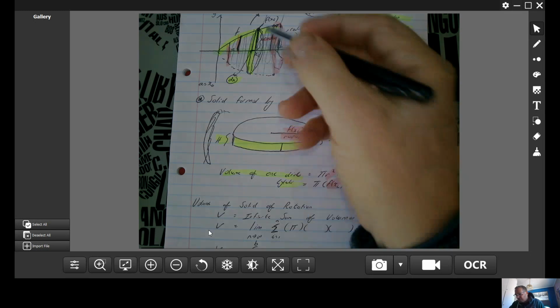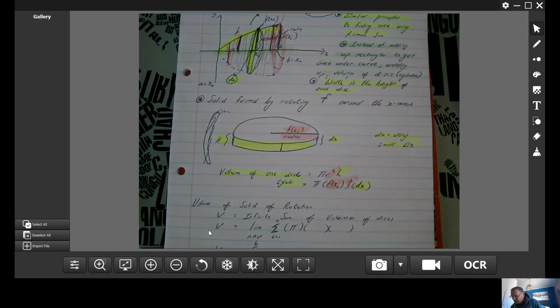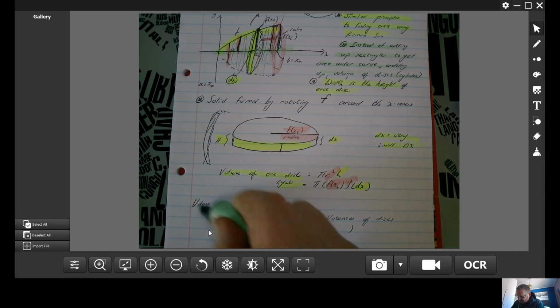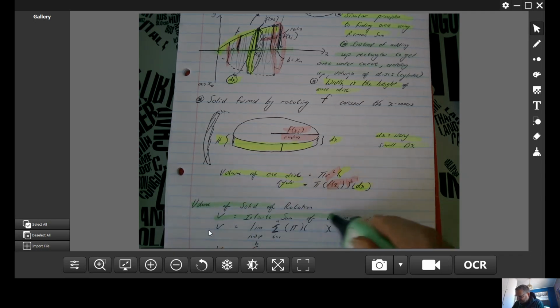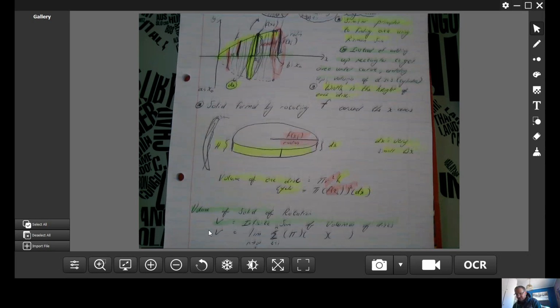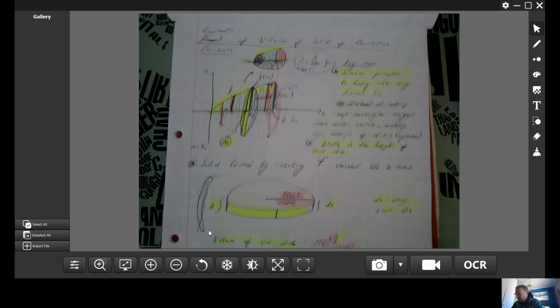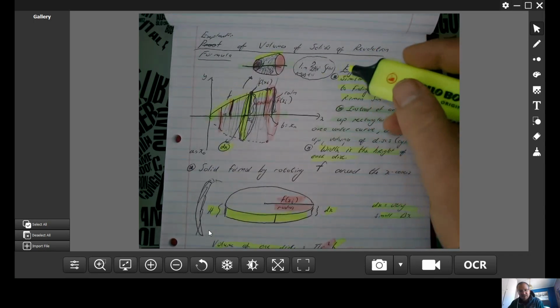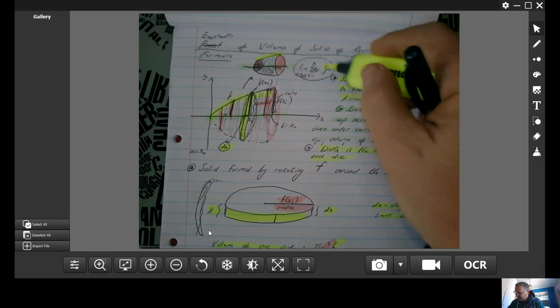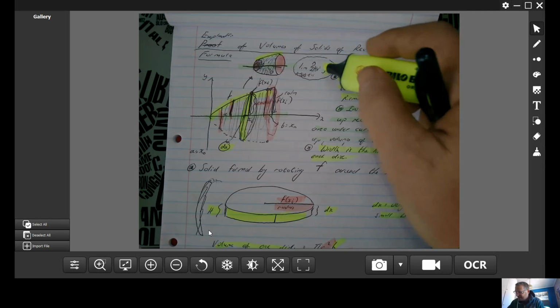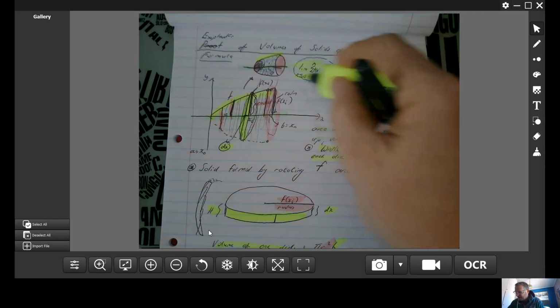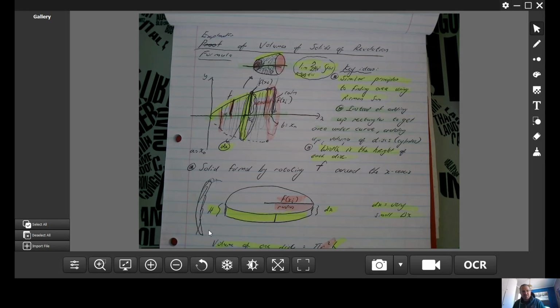What is the total volume made up of? Well, it's a sum of an infinite number of disks in that region. So the volume of your solid of rotation is the infinite sum of volumes of disks. And remember from Riemann sums, we can think of an integral of f of x as the infinite sum, in other words, as the limit as n tends to infinity of the sum from i equals 1 to n of f of xi.